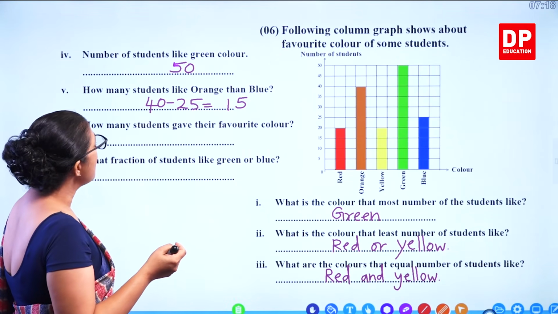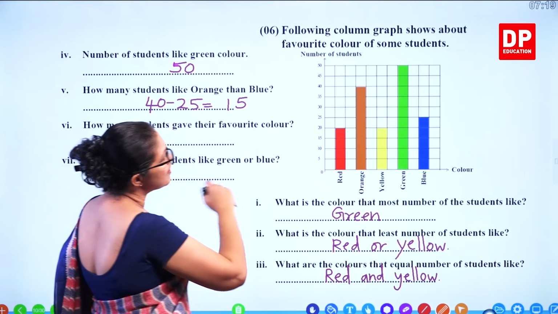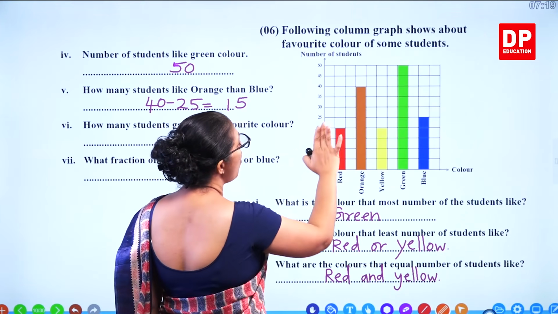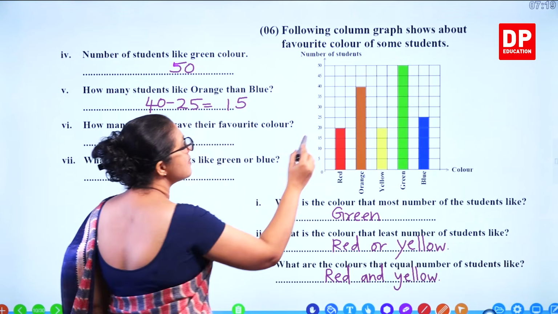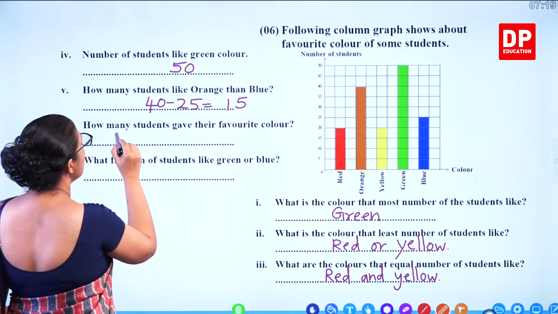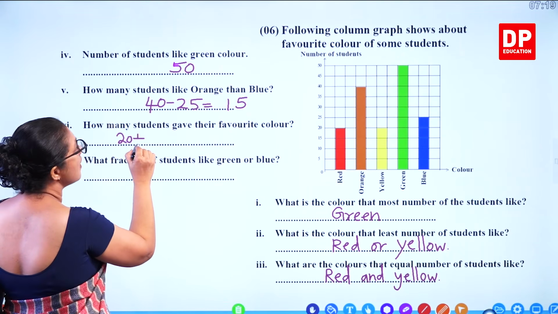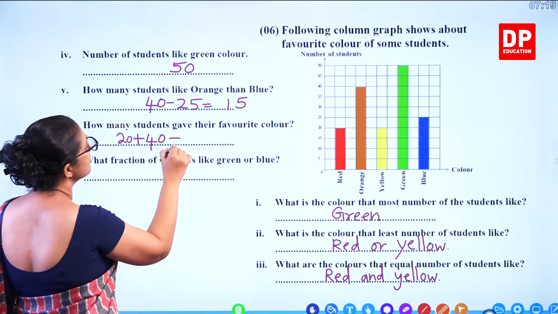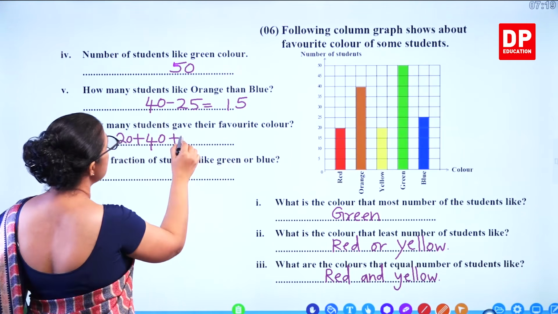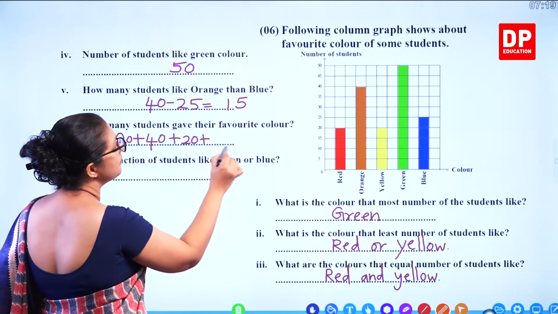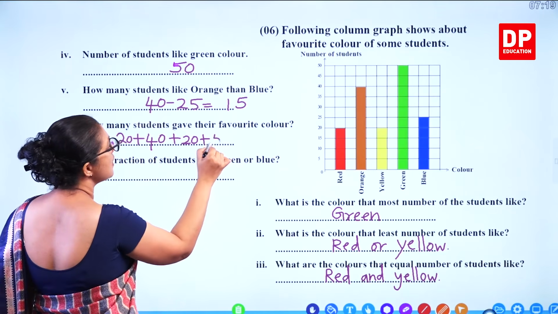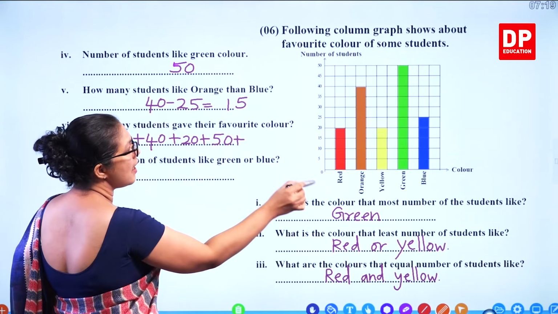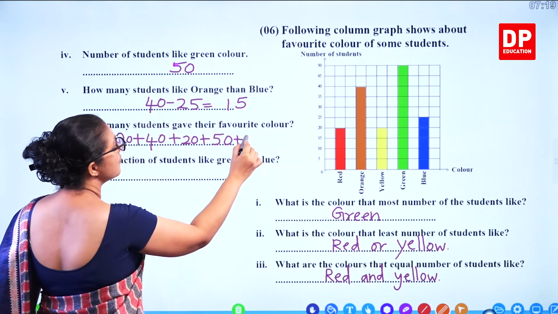How many students gave their favorite color for this survey? So you have to count all these numbers. 20, and then 40, 20, 50, and the last one 25.